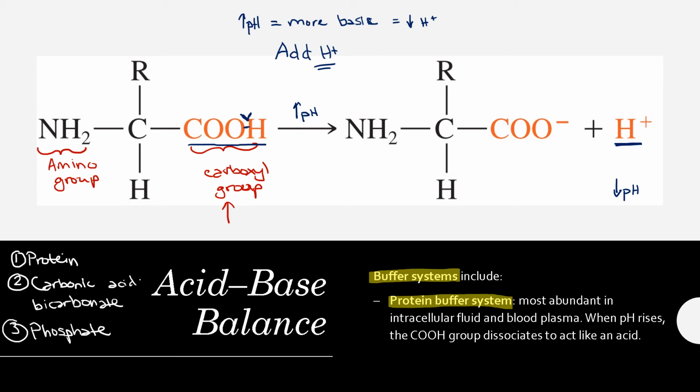So this is one way that a buffer system works when there is a base added. When the solution becomes more basic, a buffer will add hydrogen ions to solution in order to bring the pH back down and counteract the effects of the base.